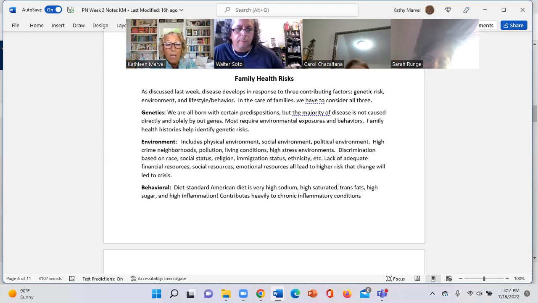What do they mean? Genetics means that we're all born with certain predispositions. But the majority of diseases are not caused directly and solely by genes. Most require environmental exposure and behaviors. Family history and health histories can help identify genetic risks. We call that a genogram.